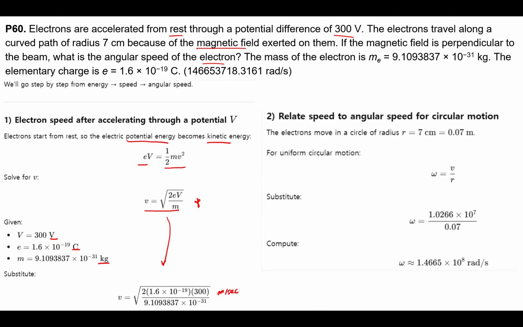And then in the case of circular motion, the angular speed, we all know that omega is V over R for a circle.